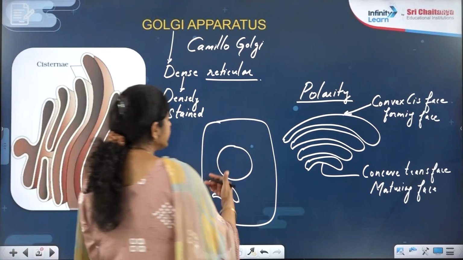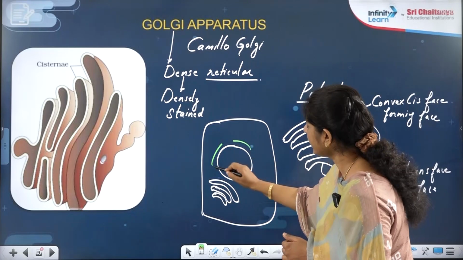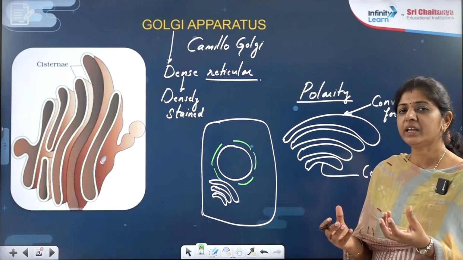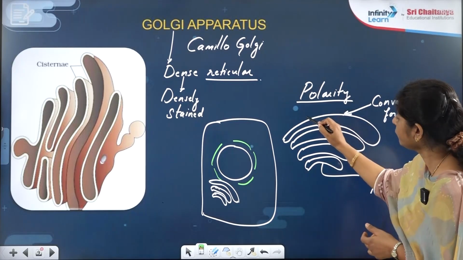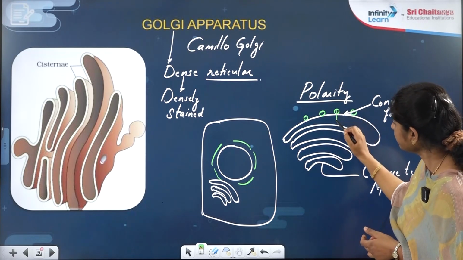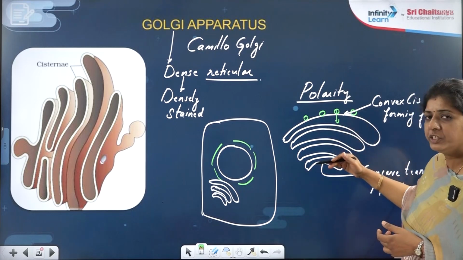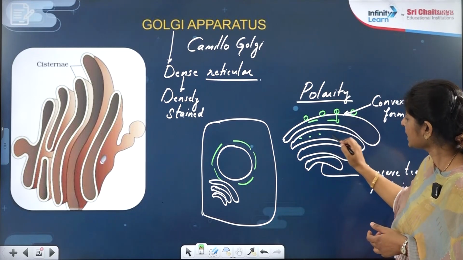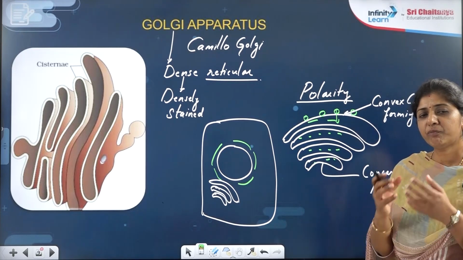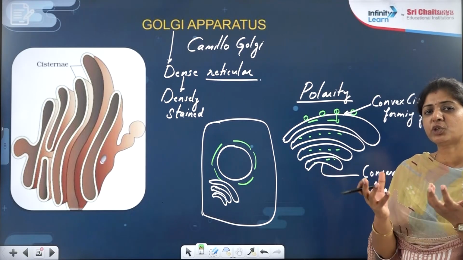Now, why is it facing towards the nucleus? You know that around the nucleus, what is there? Rough endoplasmic reticulum, which is sending the vesicles containing proteins. They fuse on the surface of the convex side and release the material into its lumen, and these are all linked with each other. So they keep on transferring from lumen to lumen. Modification will happen. If protein is there, it needs folding, whether tertiary or quaternary, and modifications will happen based on that.